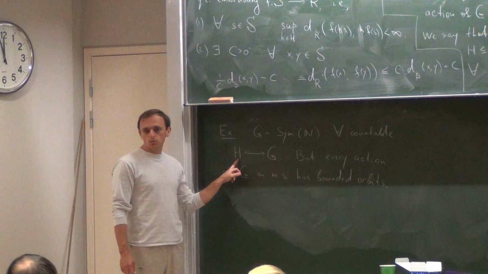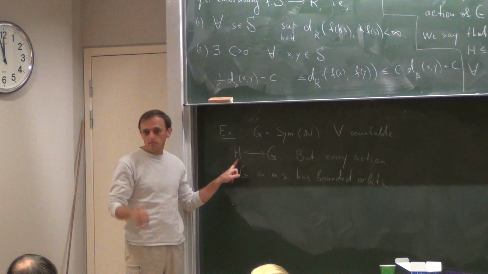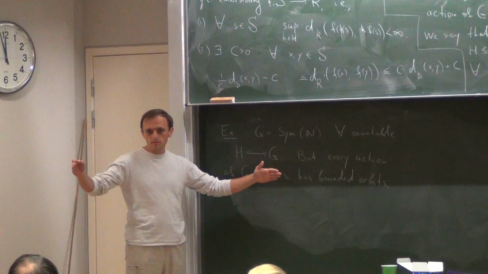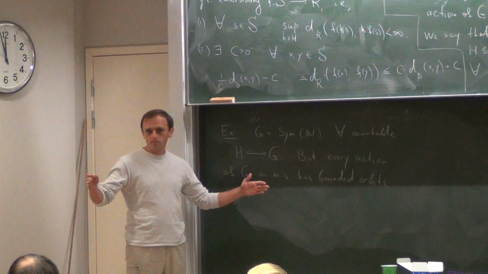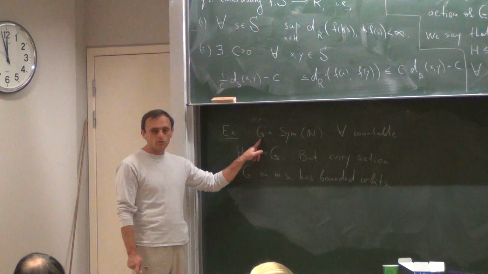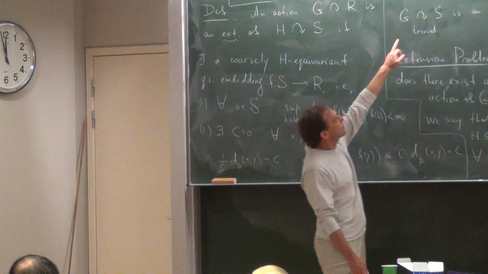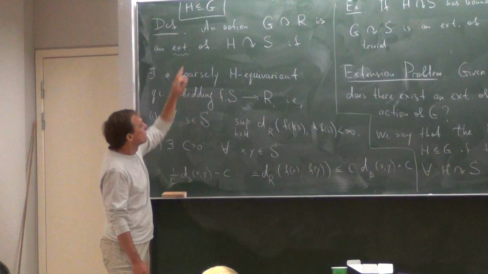Now, let's take H to be any infinite group. Say that's Z. Take the action of Z on R by translations. This action has unbounded orbits, right? Therefore, it cannot be extended to an action on G. Because if you have such an extension, and where is the definition of extension? Here.